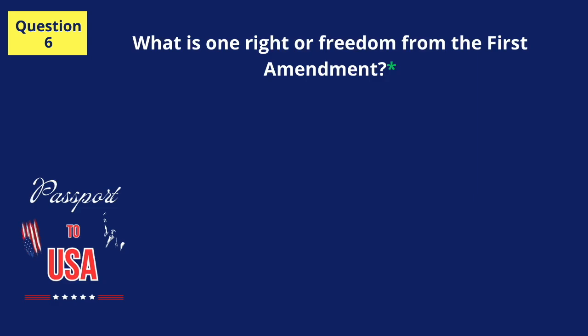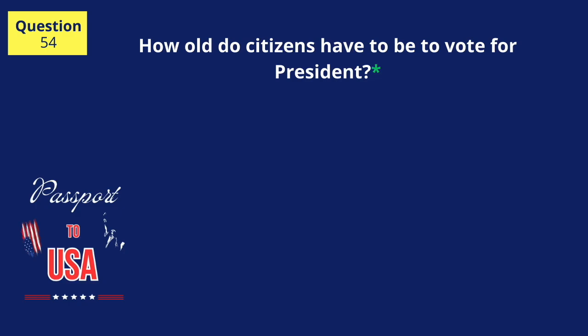What is one right or freedom from the First Amendment? Speech. How old do citizens have to be to vote for president? 18 and older.